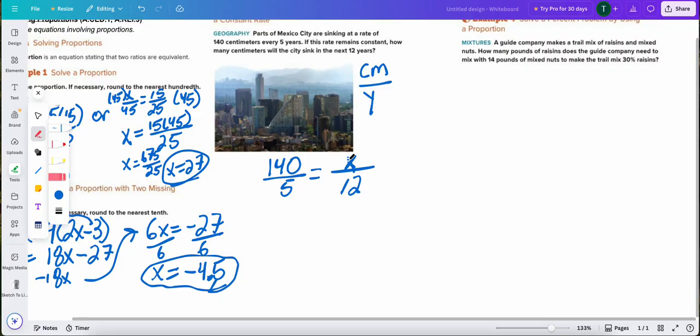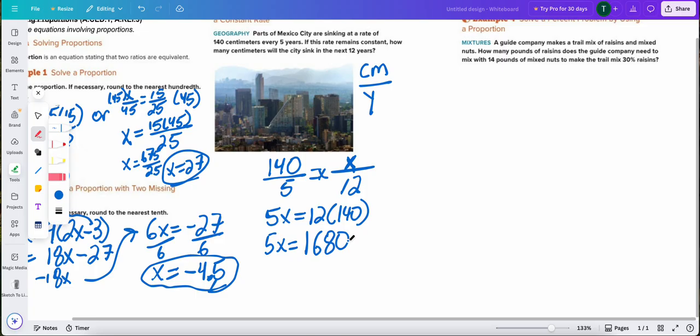Now, it looks like the other problems we have, so we can cross multiply. So I take 5 times x and 12 times 140. So we get 5x equals 12 times 140 is 1,680. Okay.